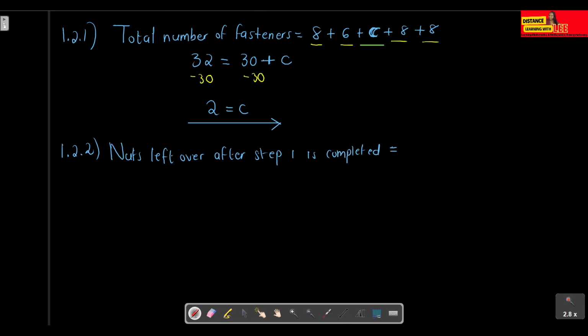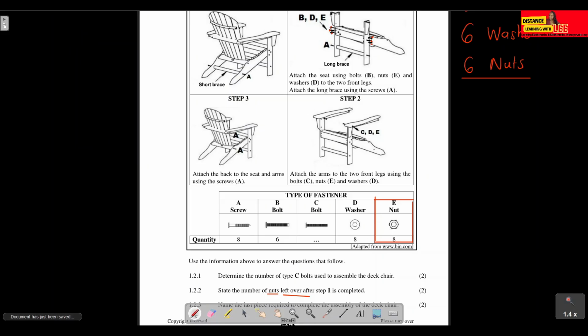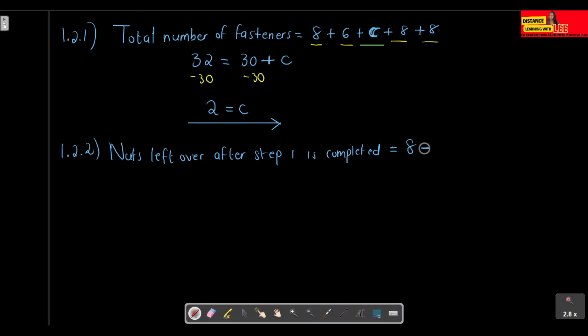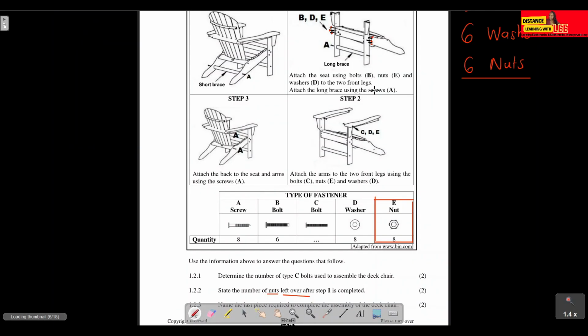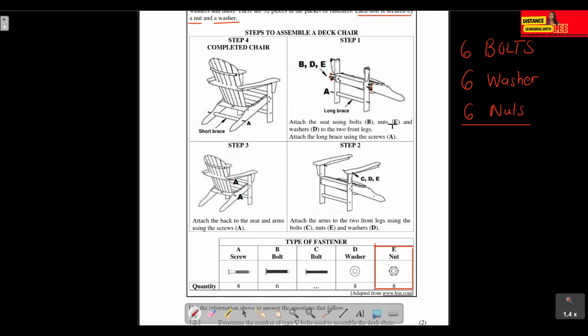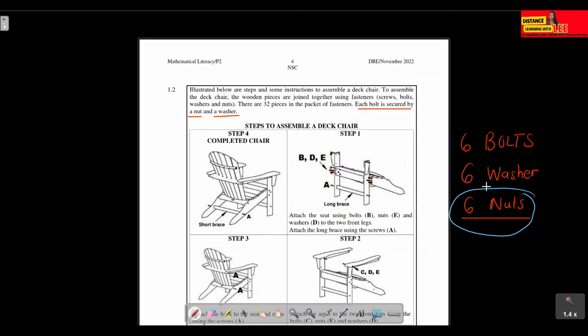is equal to the total number of nuts that we had initially, which is the 8 nuts, minus the number of nuts that we used in the first step. I explained that because we used 6 bolts in the first step, we also used 6 nuts. Why did we use 6 nuts? Because in the intro paragraph, we are told that each bolt is secured by a nut and a washer.